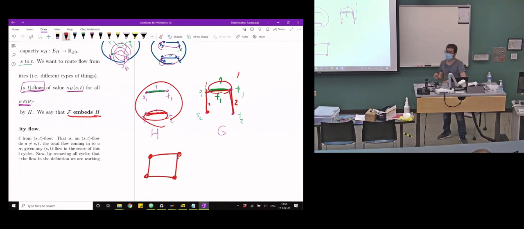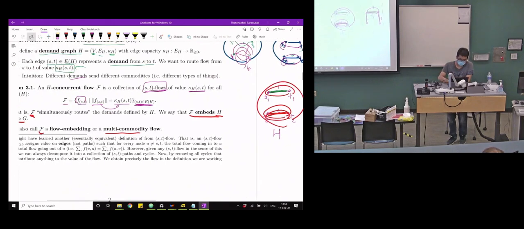But it's just that for every edge in H, you think of it as a demand. That is, the edges might not be disjoint. Does that answer your question? Okay. More questions? All right.